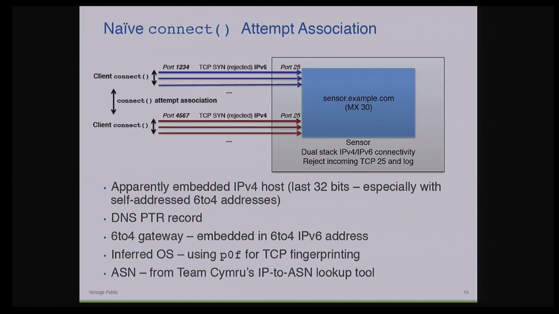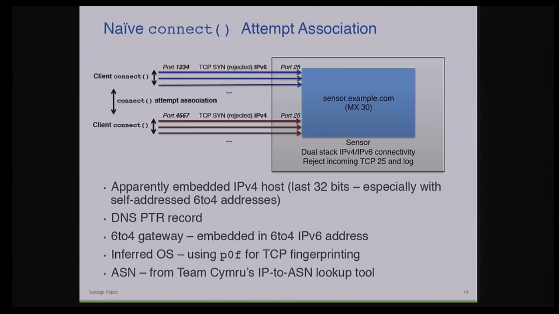But let's see. So this is the way we were looking at it: once we had the connect attempts, grouping the SYNs together, we then used several ways to identify different associated connect attempts.